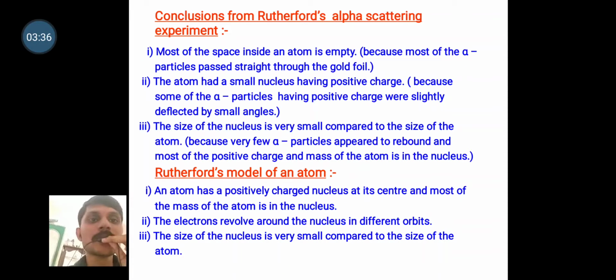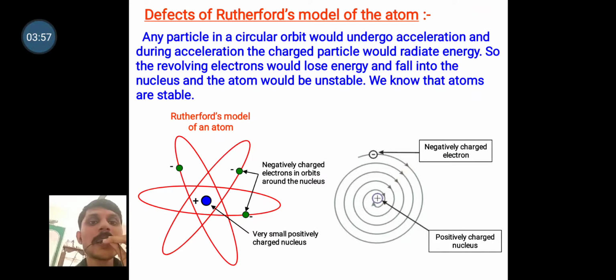We conclude that in the Rutherford model of an atom, the size of the nucleus is very small, and the electrons revolve around the nucleus in different orbits. The defect of the Rutherford model is that charged particles radiate energy, so while revolving the electron loses energy and falls into the nucleus.